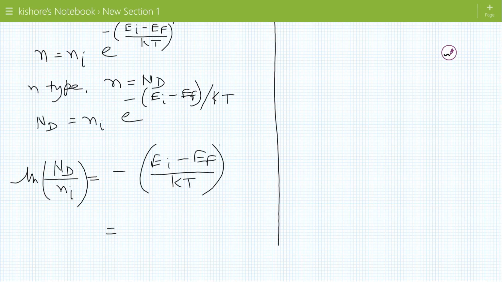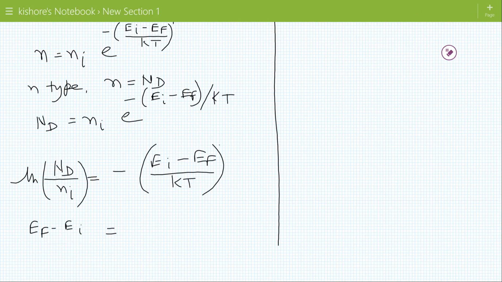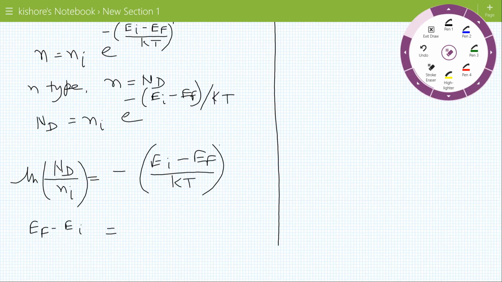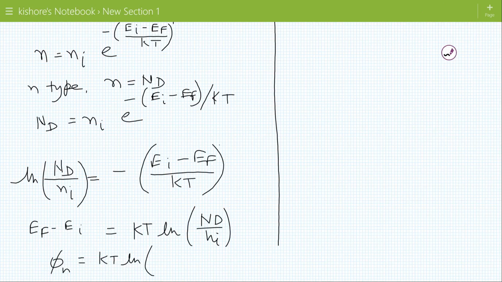So this is Ef minus Ei. Ef minus Ei is kT ln Nd by Ni, and this is phi n, the electrostatic potential of an n-type semiconductor in electron volts.